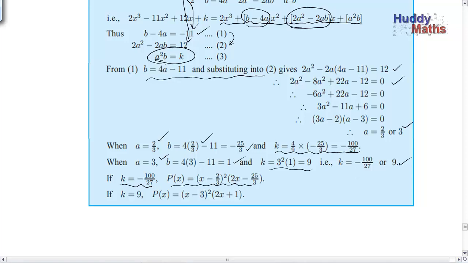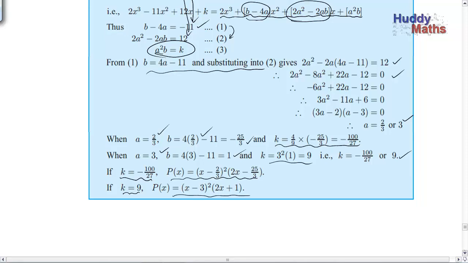The function looks like this. If k is 9, then the function looks like this. So a couple of different ways of factorising that, if you like. Okay, so that's the most complicated one, where you've got a fair bit of unknown stuff there. Okay, have a go at some down here.